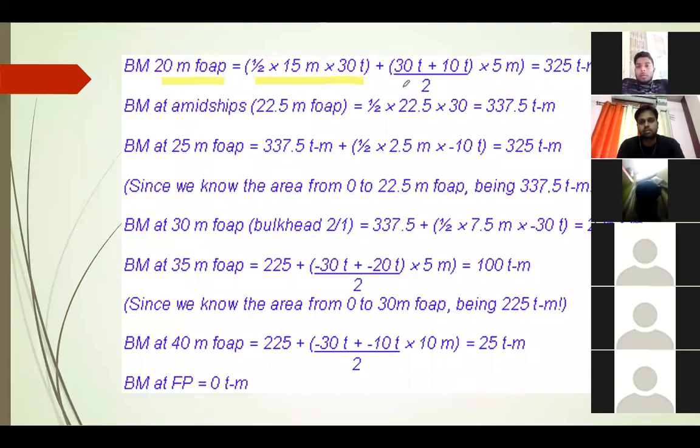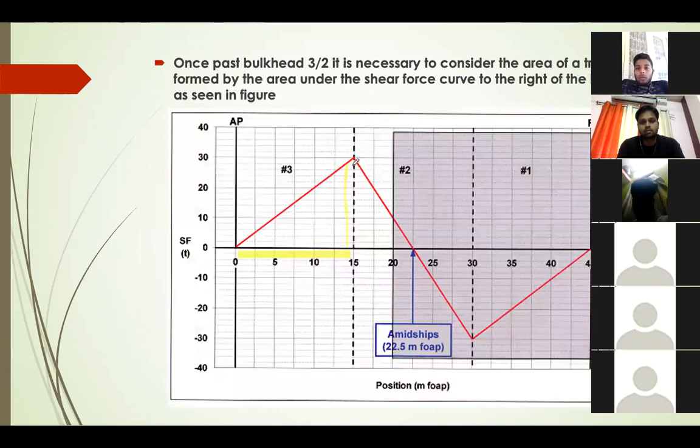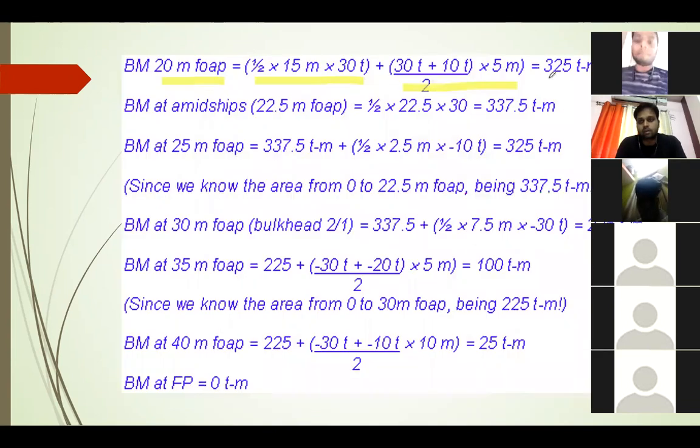So (30 plus 10) by 2 into 15, that will be this trapezium. Okay, so you calculate that, you will get 325 ton meter. So that will be your bending moment at 20 meters.